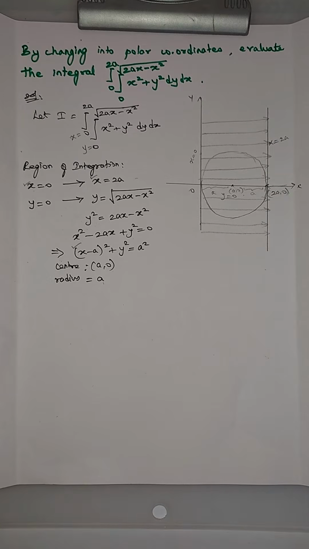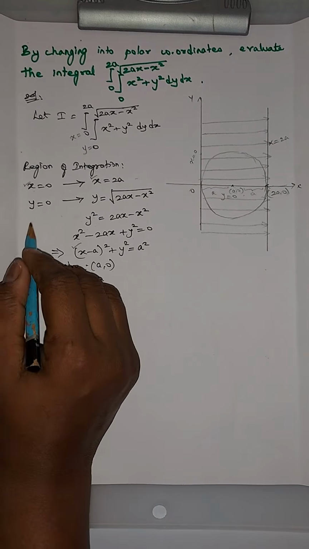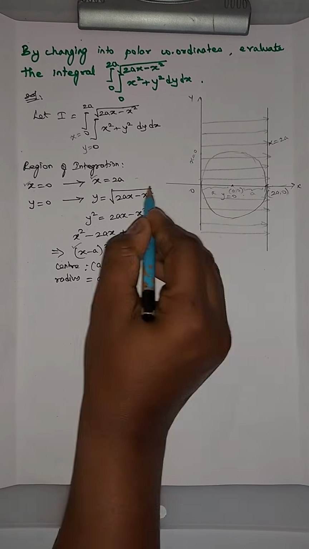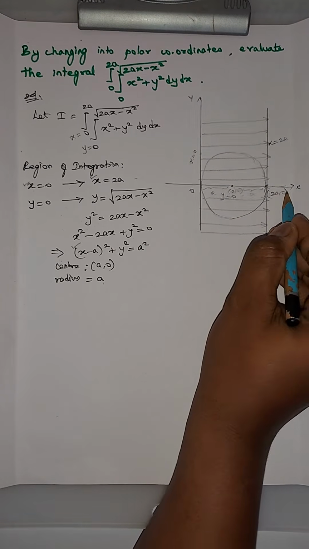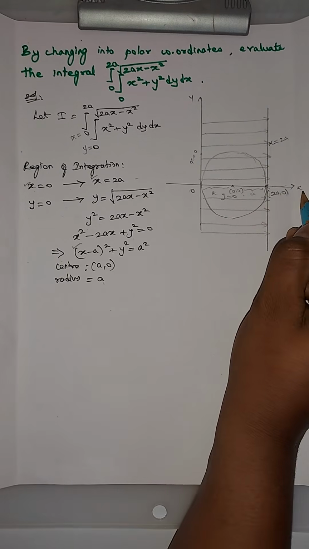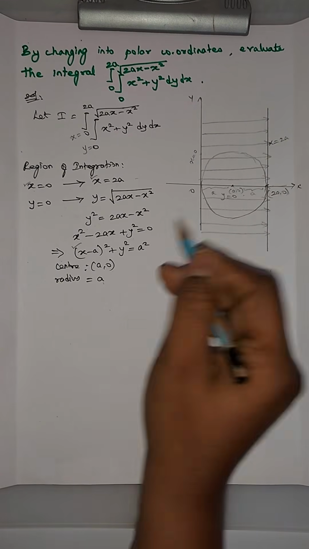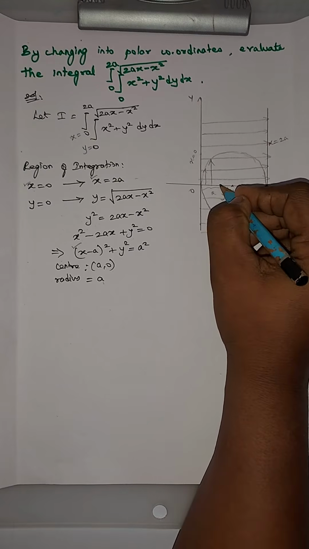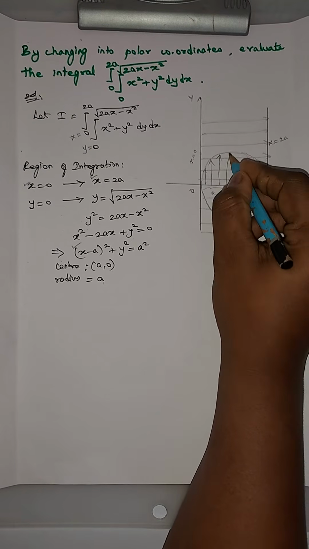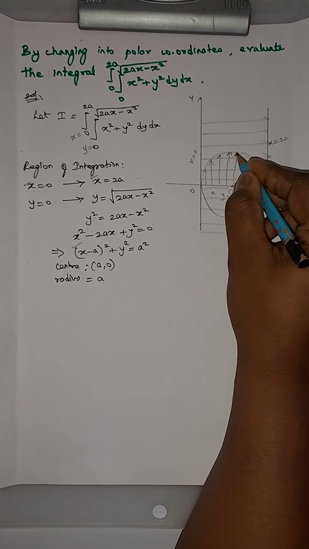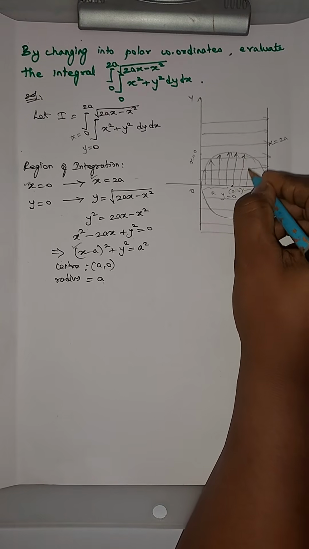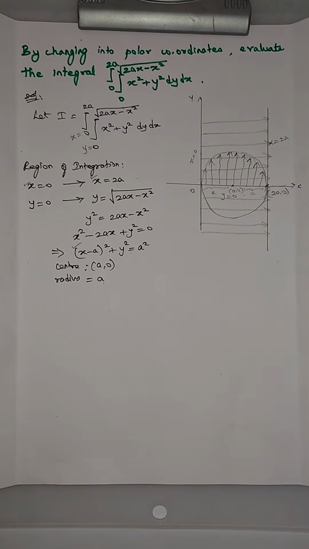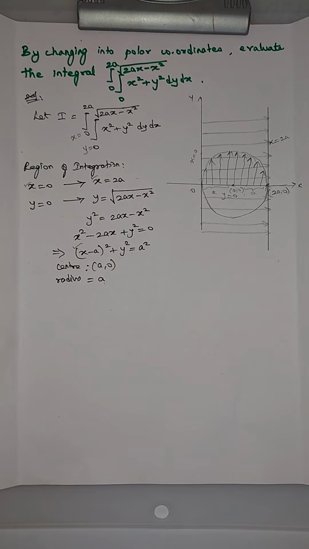This is over. Next, from y is equal to 0 to this circle. Y is equal to 0 is the x-axis. From y is equal to 0 to this circle, the equation of the circle. So from here to here, from here to here, it goes on.